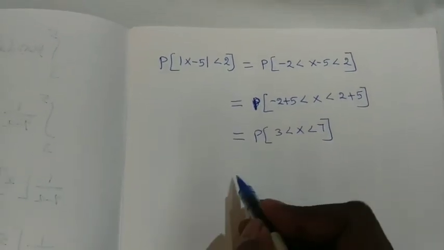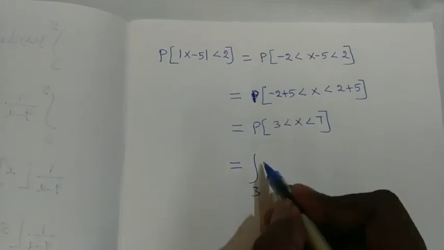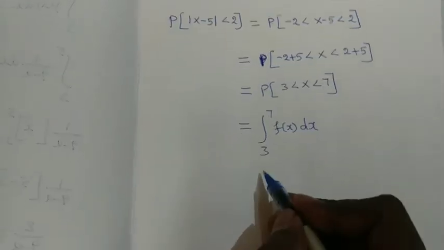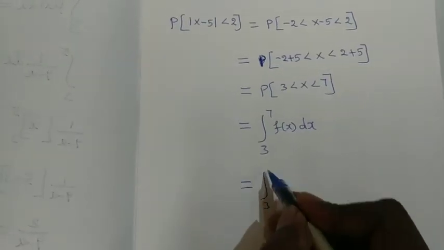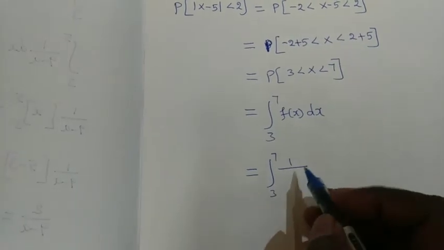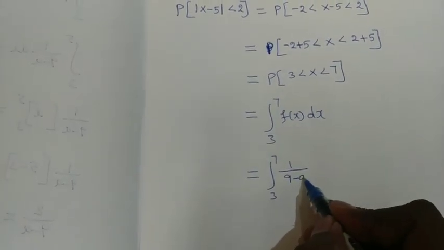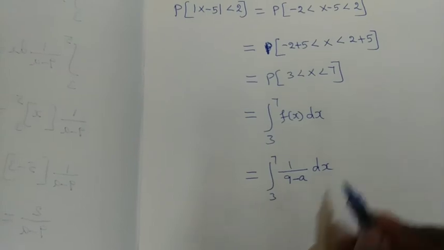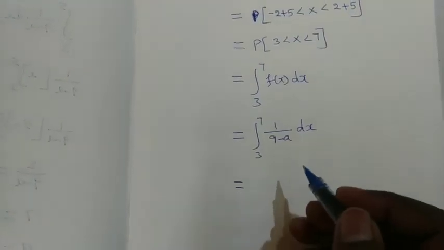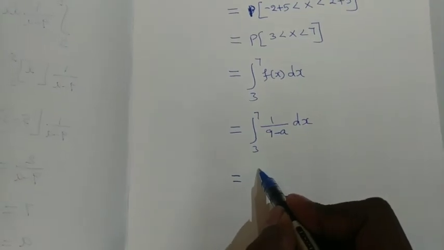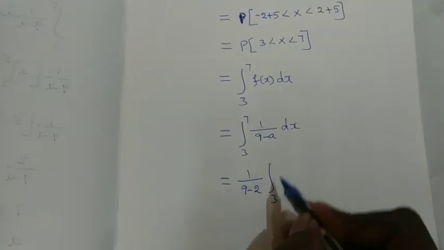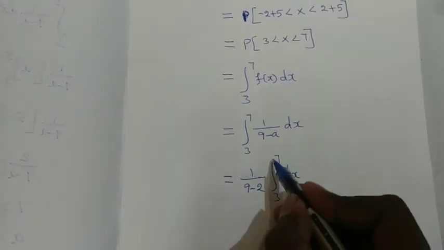Okay, so now for this, the integral from 3 to 7 of f(x) dx. f(x) we already found, so this is integral 3 to 7 of 1 by (9 - a) dx. The value of a we already found is 2, so that is 1 by (9 - 2) integral 3 to 7 dx.